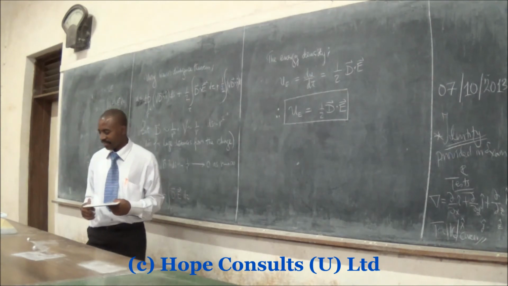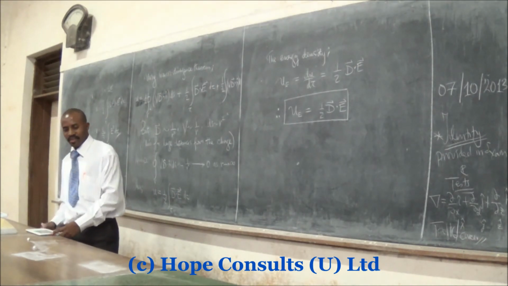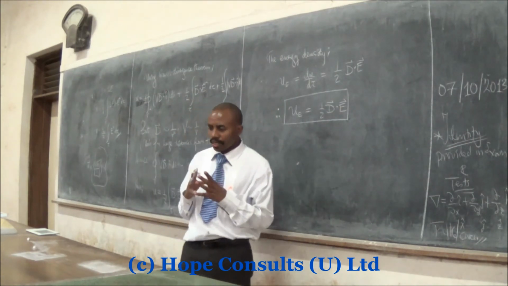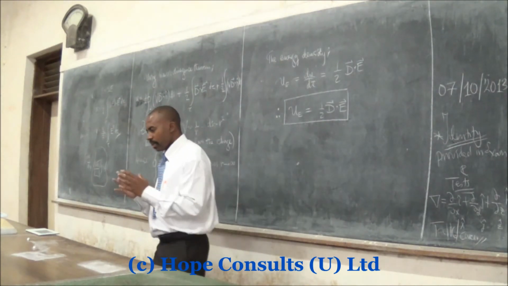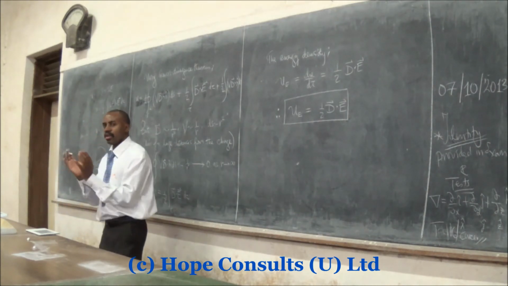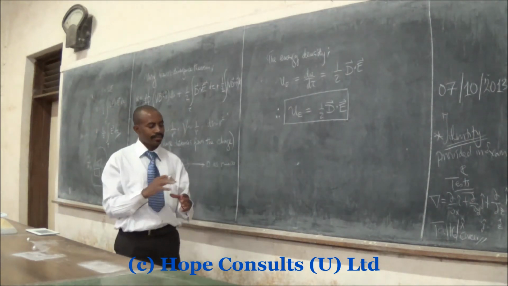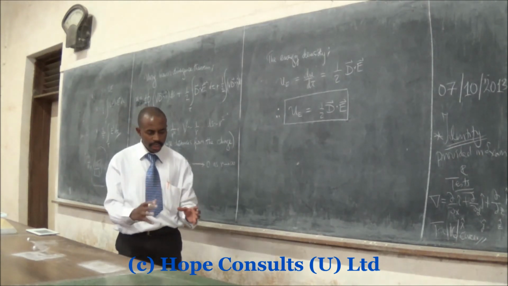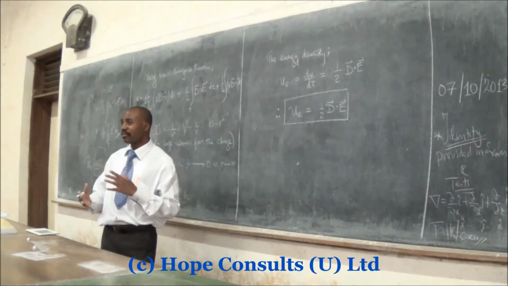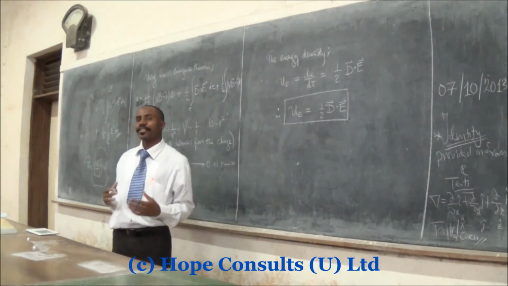This marks our section of sort of electrostatics. So we now know how to get the energy density for a given distribution. We know how to get the potential of a given distribution. We need to do some work. If we have potential, we do some work.